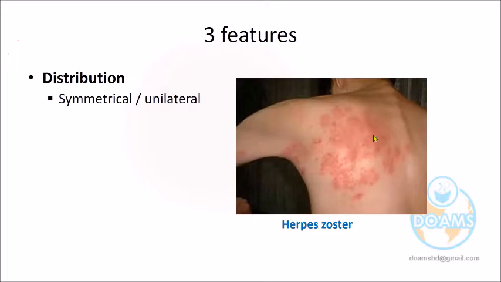But if such grouped lesions we find on the other side also, we can say this is bilateral. But if the lesion has the same extent and the same morphology on the other side, with almost no difference, then we will say this is symmetrical. But if there is a difference of extent, difference of morphology also, but on both sides, we will say this is bilateral.